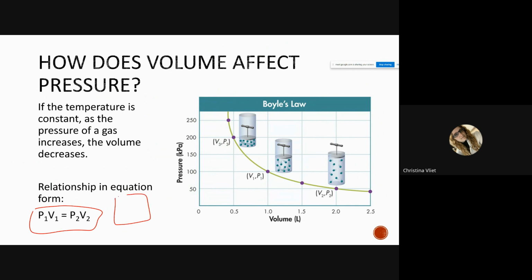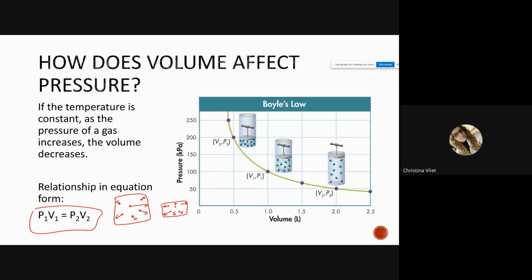Let's say I have a container and, to keep it easy, 6 gas molecules. These arrows are the gas molecules going like this, right? What happens if I halve the volume, but I still have the same amount of gas molecules at the same temperature?